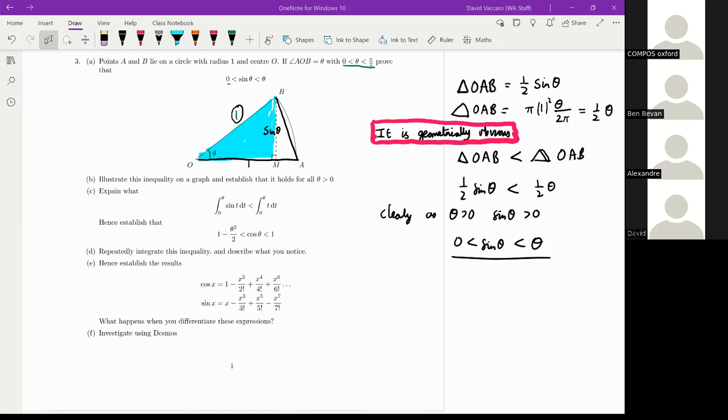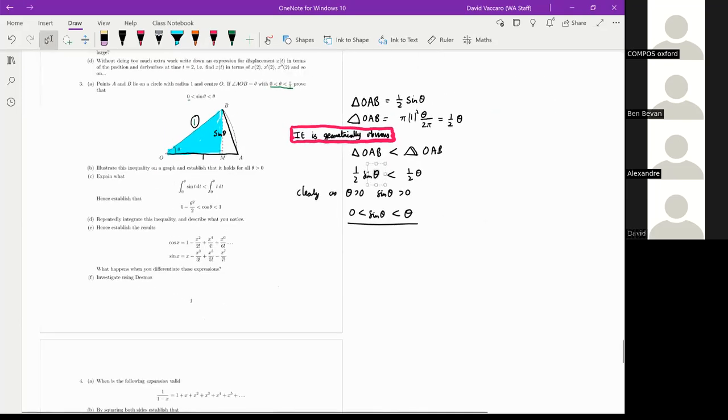Okay, nothing has come through from the chat yet. If you're watching the webinar on catch up, you might want to pause and think. So why does this claim hold that the area of the triangle is less than the area of the sector? Well, what you would need to establish is that the triangle OAB is contained within the sector OAB.